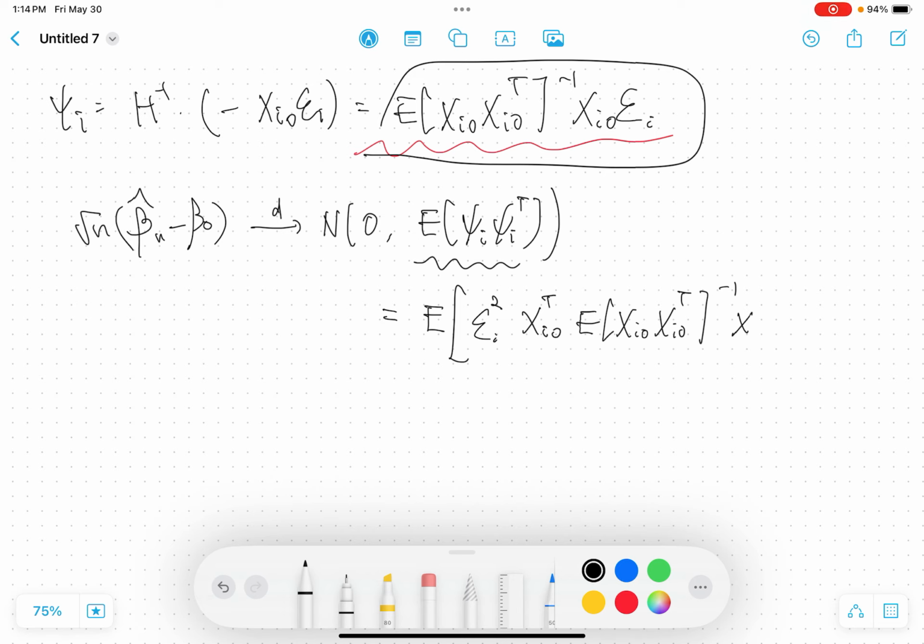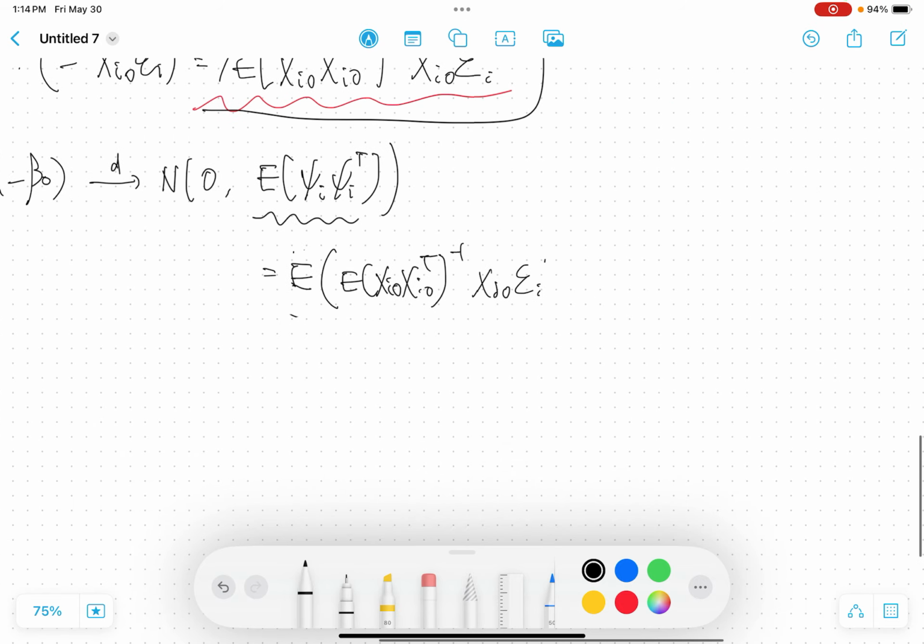Let me see the other way. Sorry. So expectation of psi prime is expectation of xi0 transpose inverse xi0 epsilon I, and epsilon I xi0 transpose expectation of xi0 transpose inverse.